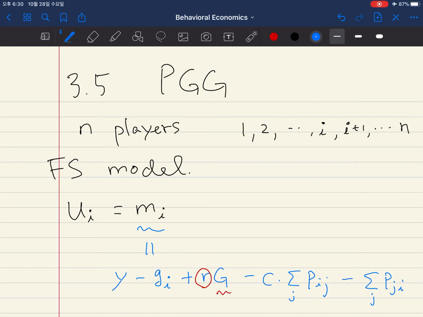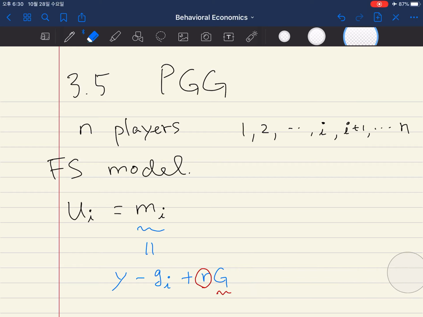So if there is punishment, we can add these terms, and if there is no punishment, we don't have to worry about these terms. So in this movie, we're gonna think about the case without punishment. So let's not worry about punishment part.